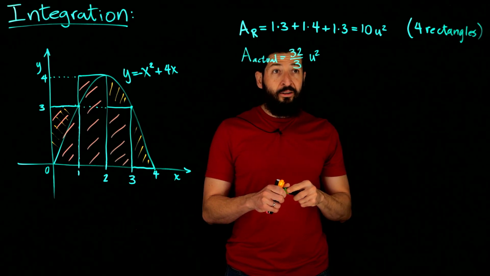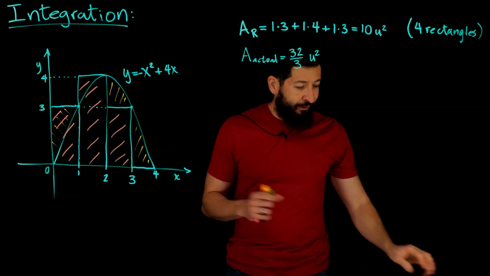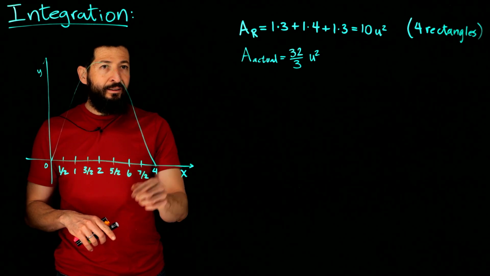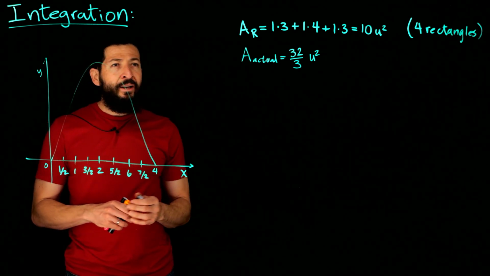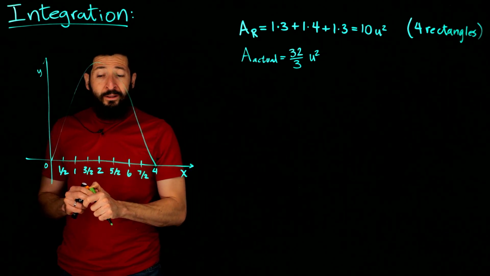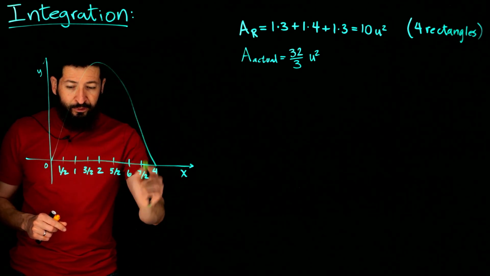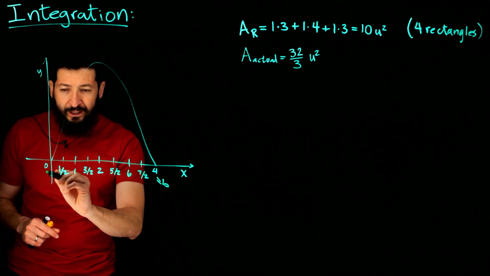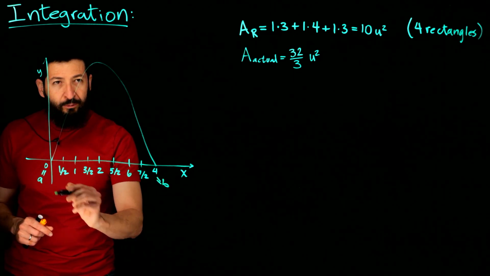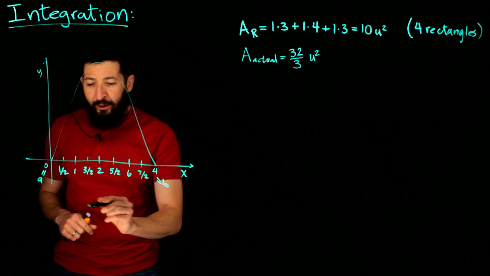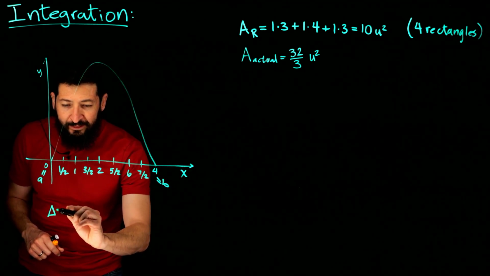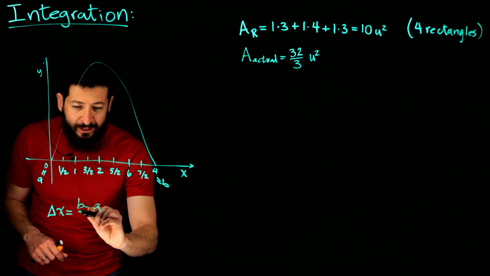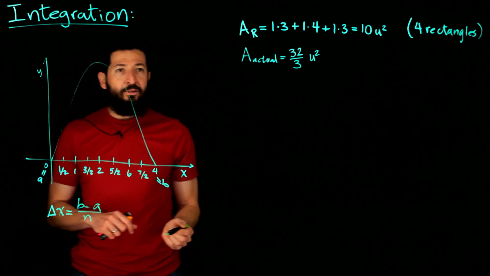Let me redraw the graph, and I'll meet you back here. All right, so now I partitioned my interval into 8, so I partitioned it into halves. How do you know what will be the width of your rectangles, or how you're going to partition it? Let's call this endpoint A and this one endpoint B, so our interval would be from A to B. You're going to call that width delta x, and it's going to be B minus A divided by the number n of rectangles that you want.